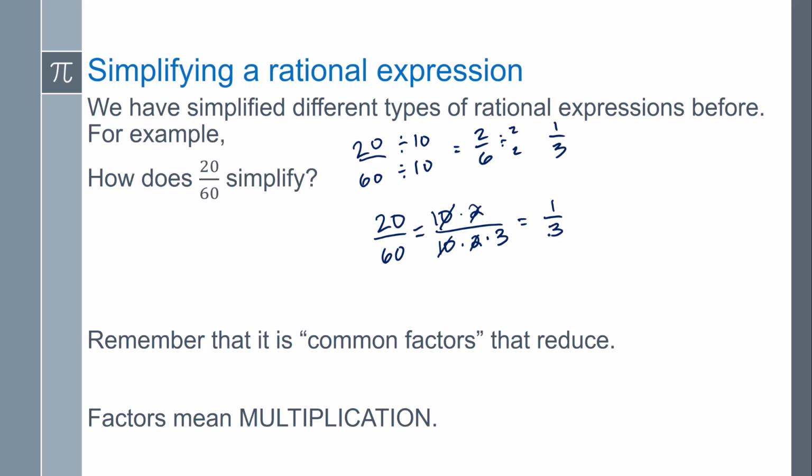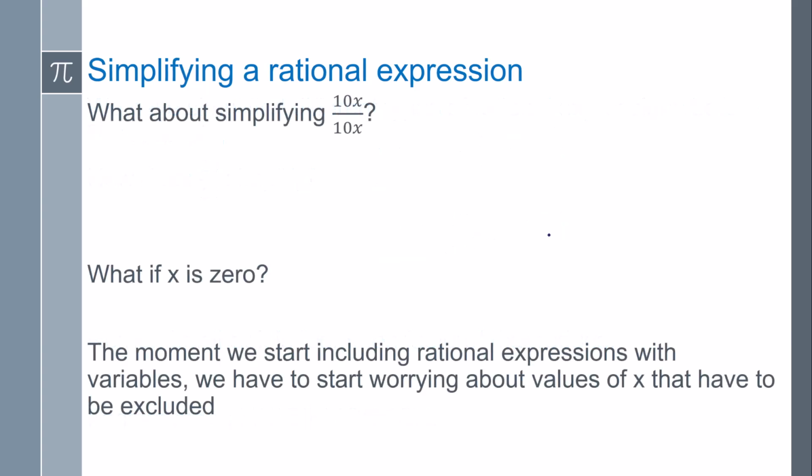Now, the reason why I'm doing that, and you're going to see it in the next slide, is it's going to help us identify how to reduce. As we simplify, I can look at this and see this is 10 times x, and this is 10 times x. The same factor is 10, and the same factor is x. Those are going to reduce. But there are restrictions. If you remember our domain, we talked about how you can't divide by 0.